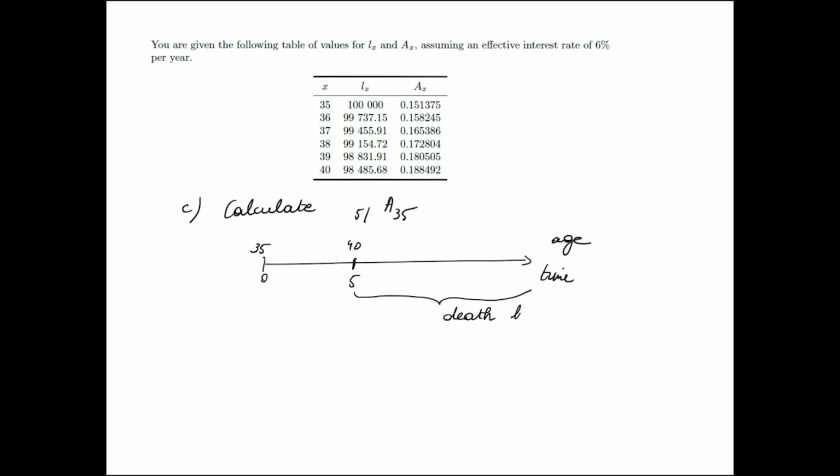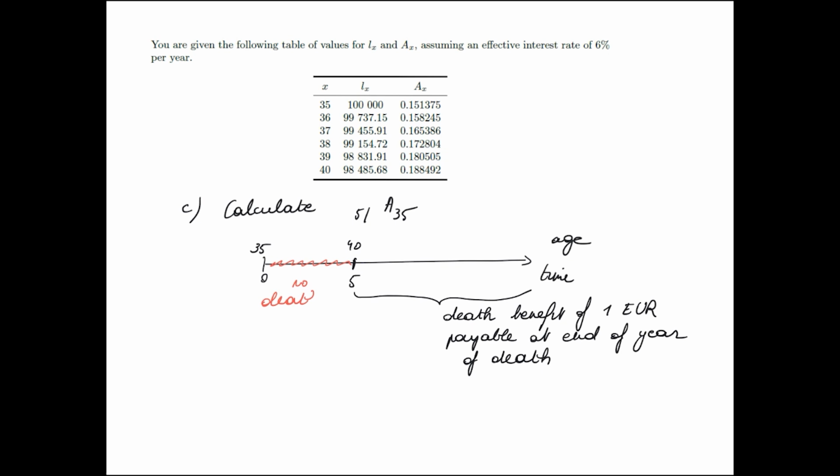We've got a death benefit of €1 per year, payable at the end of the year of death. Okay, so if that occurs during these first 5 years, there is no benefit. There is no death benefit payable.